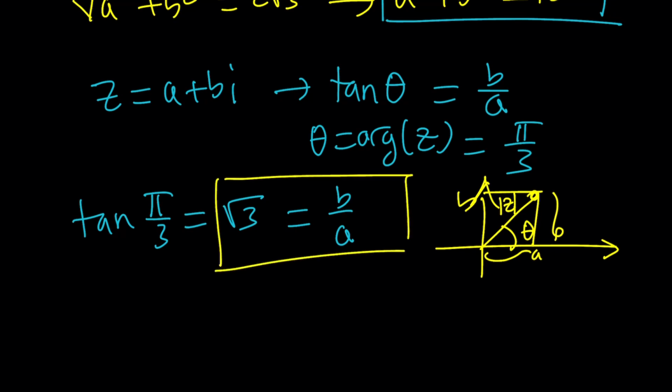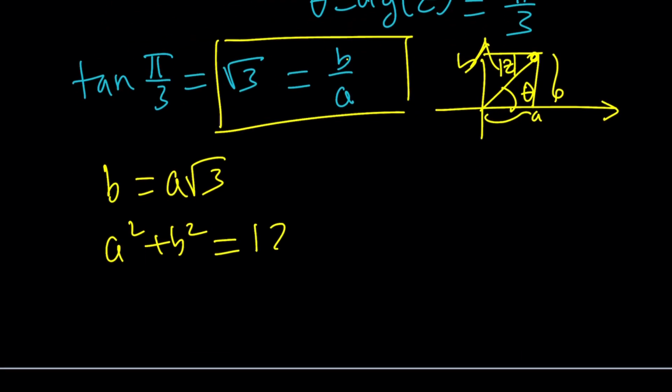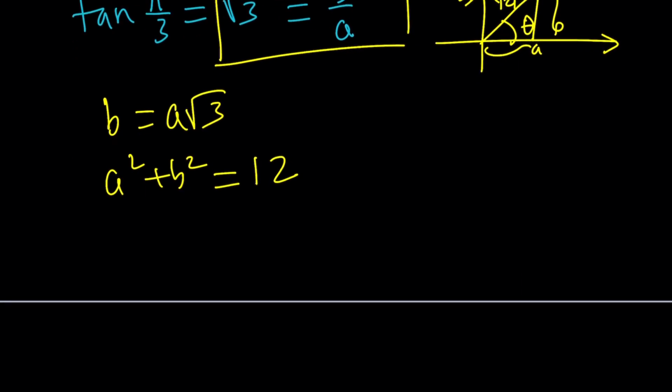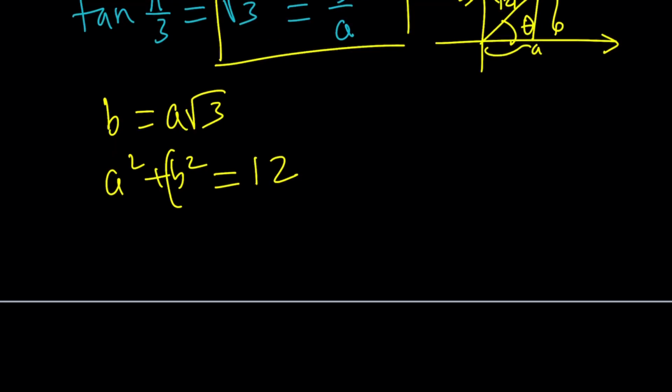It's actually very helpful because we can go ahead and write this as b equals a root 3, and then we can square both sides, or we can just plug it in here because we have another equation, and now this is a good system. Let's replace b with a root 3, okay?